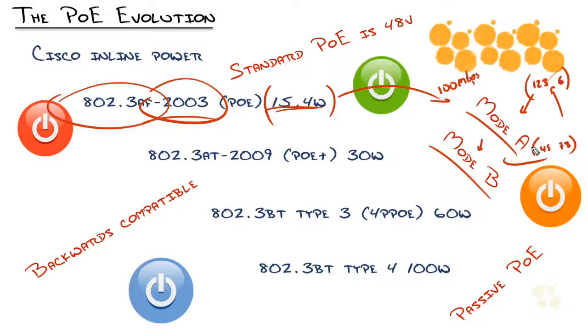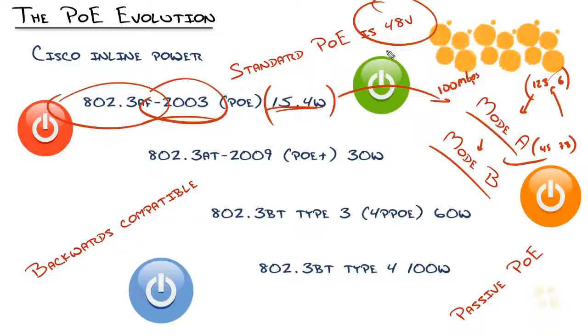Now, speaking of cheap devices, 24 volts is a thing. You can see right here, standard power over Ethernet is 48 volts all the time. I don't want to get too deep into power, watts versus voltage. That's one of those things you could Google all day, and it gets pretty deep into electricity.